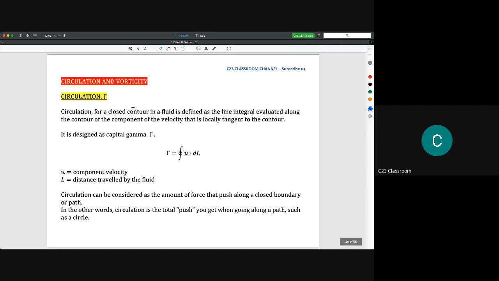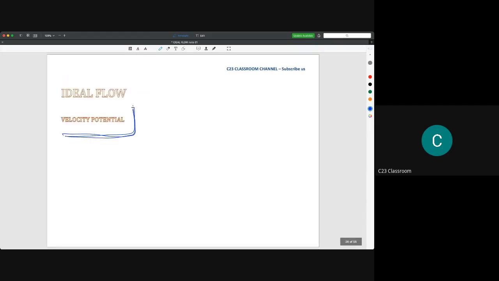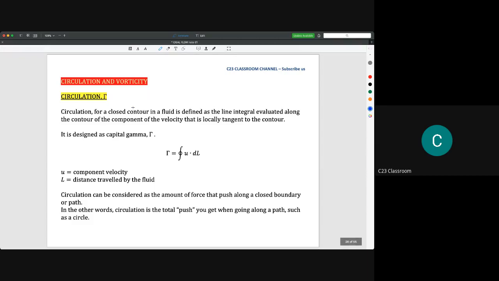Okay, before we go to velocity potential, I would like to introduce you to one parameter called circulation. Previously in Cartesian coordinates, we were using the continuity equation.